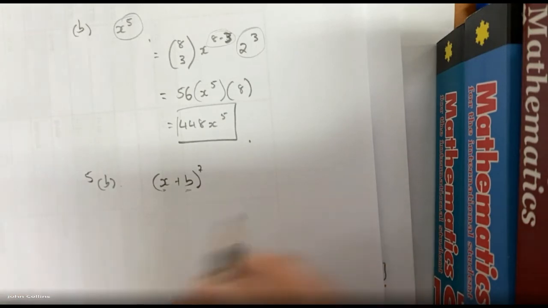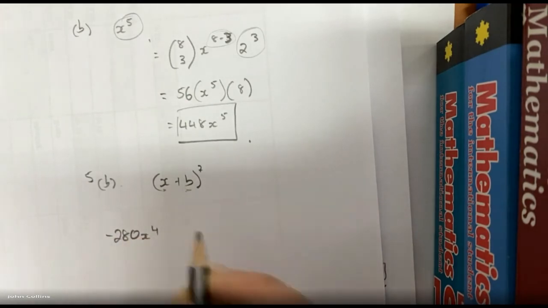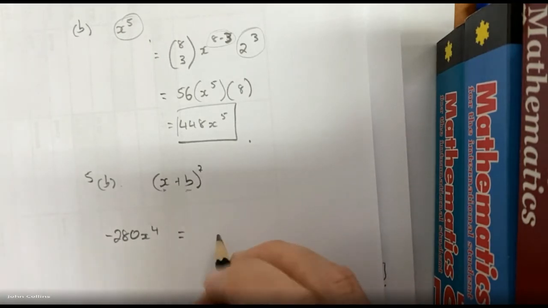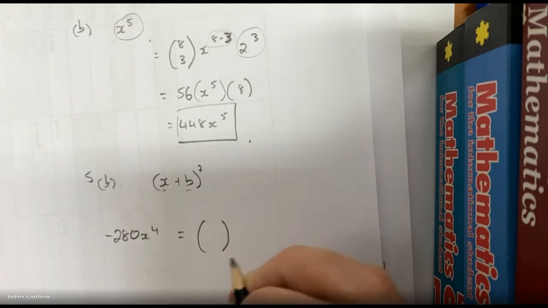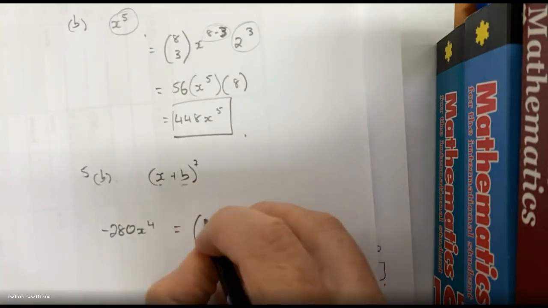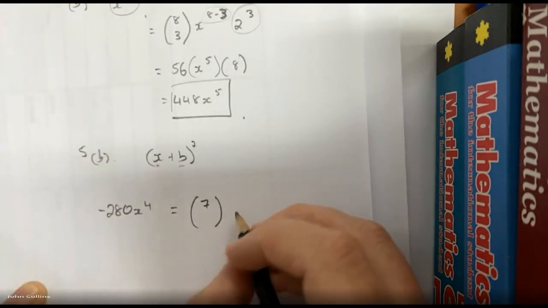Okay, so this is the x to the 4 term. Let's use our general formula to create something that will be equivalent to that. So if it's a 7, 7 goes here in n.